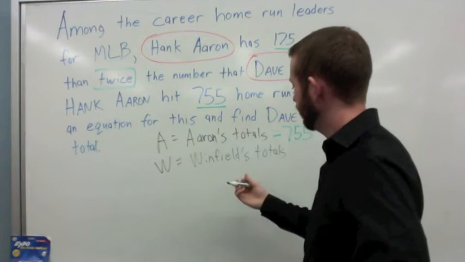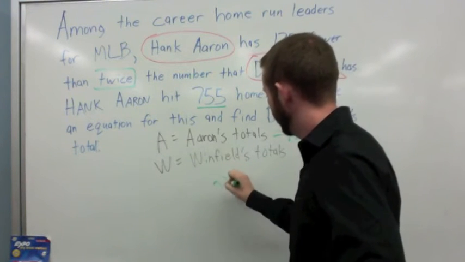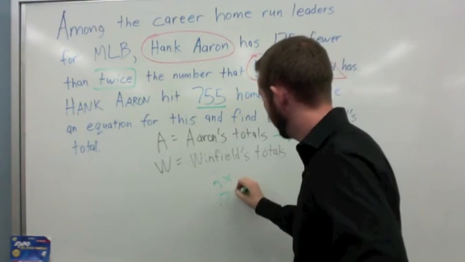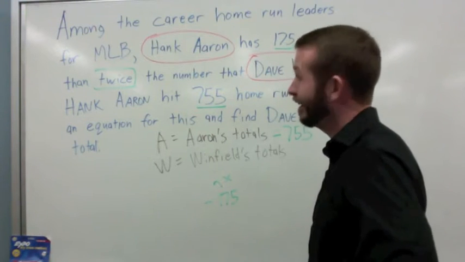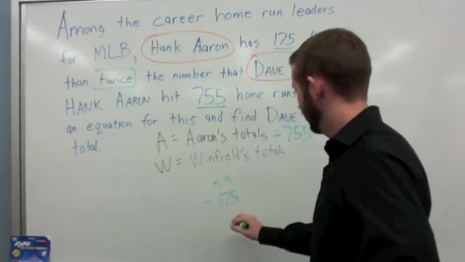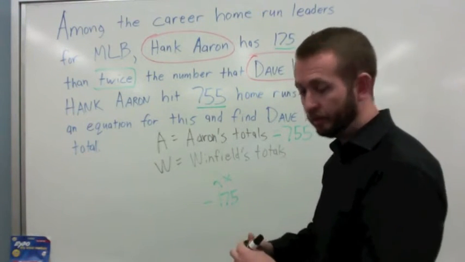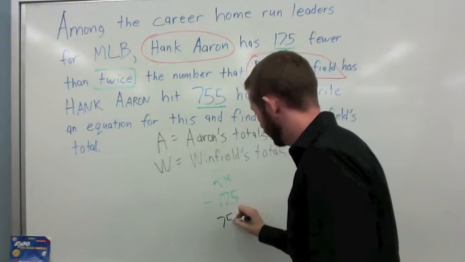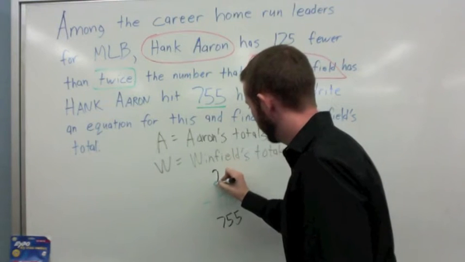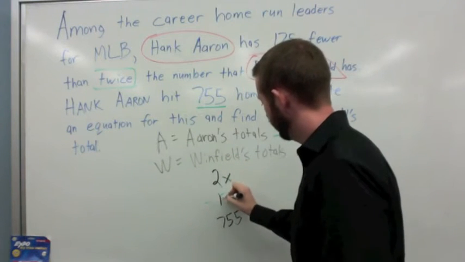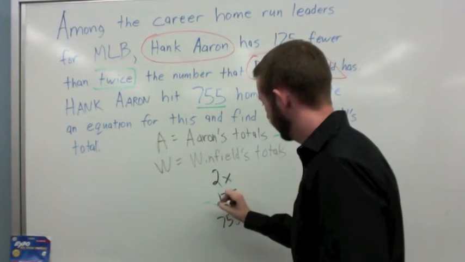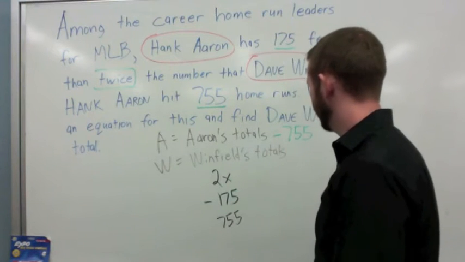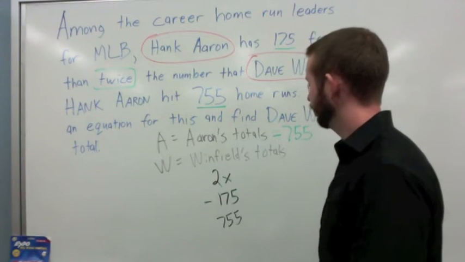How do I use this 2 times thing? I have to use 175, and it's fewer, so it's going to be minus 175. And then it has to be related to 755.